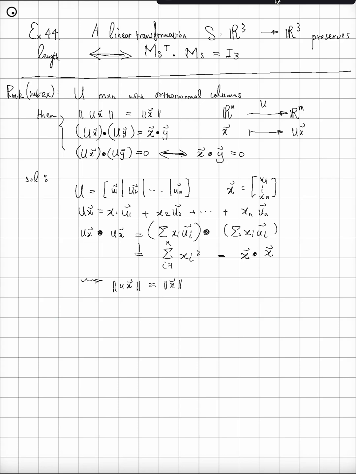And secondly, let's look at this dot product. So again, with similar notation, I mean y with components y1, y2, yn. Let me just do the computation.